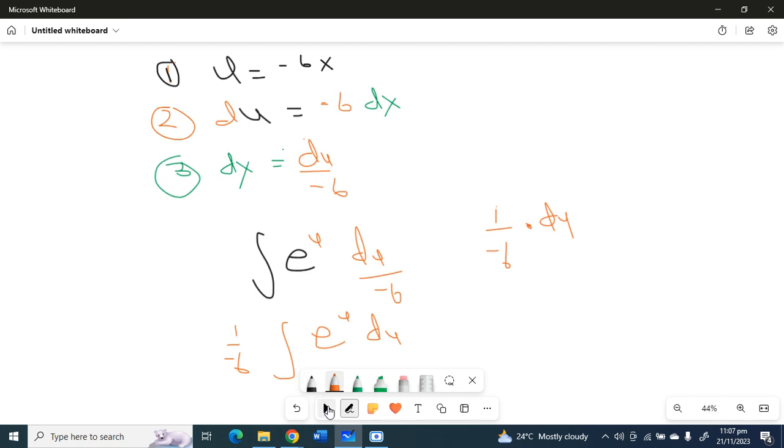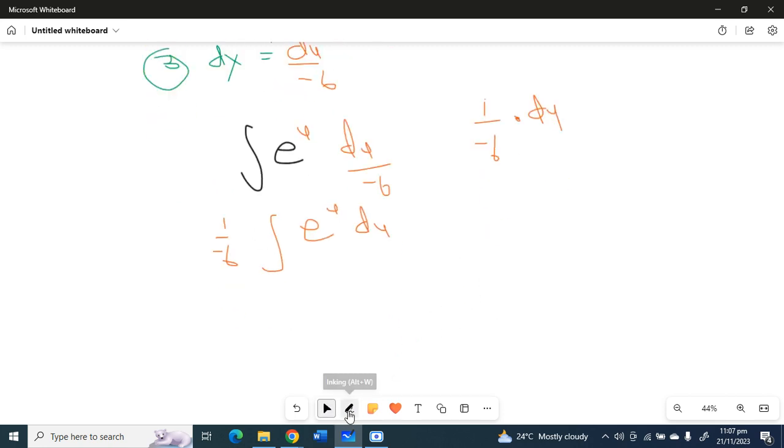Now we can integrate. If we integrate e^u, it's going to be e^u plus c. Multiply 1 over negative 6 with e^u, that's going to be e^u over negative 6.